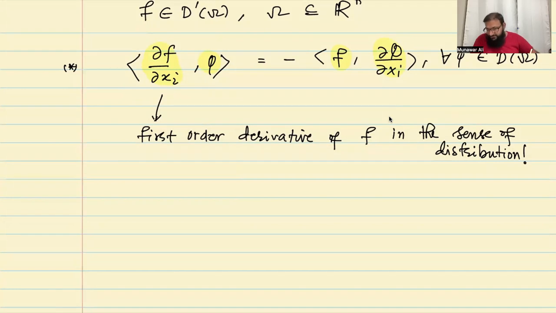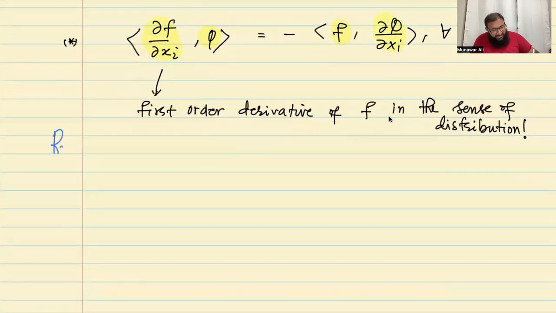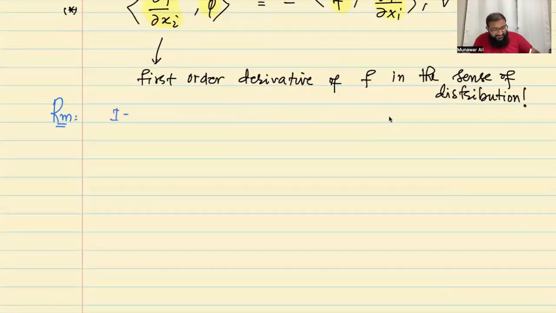So let me put a remark that if f is from L1, and you know very well, if I take f from the L1 space, then it is not sure, but I can talk about the weak derivative of f.